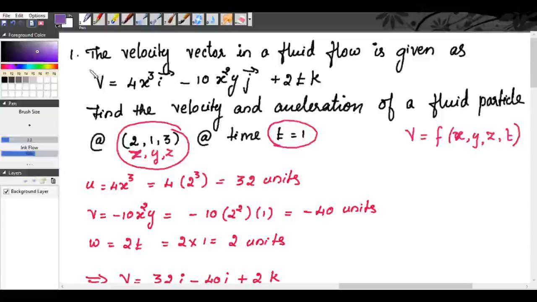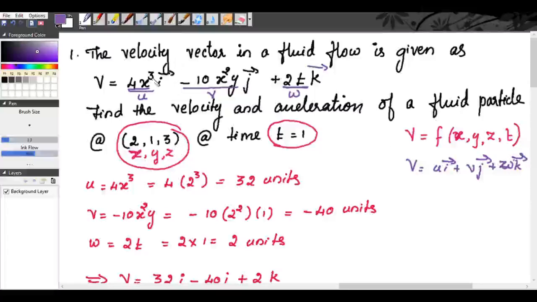Now, see, the velocity vector is given as 4x³ i vector minus 10x²y j vector plus 2t k vector. That means this is u into i vector, this minus 10x²y is v and 2t is w, because V is equal to u i vector plus v j vector plus w k vector.